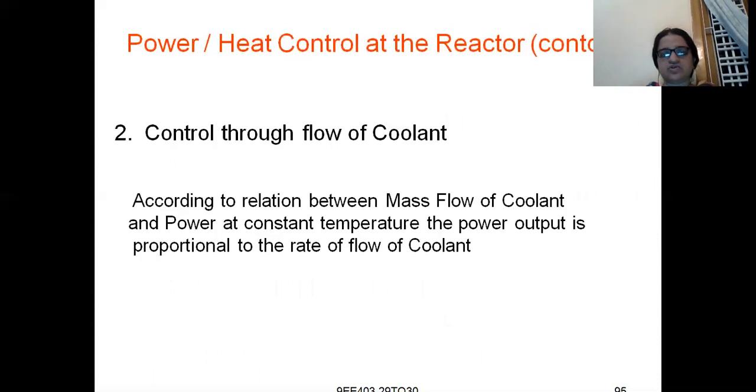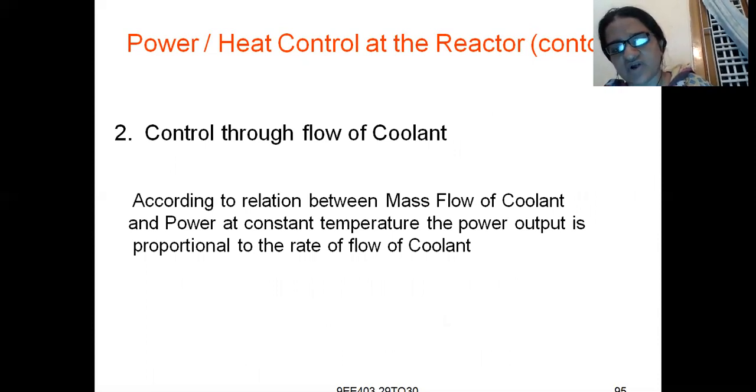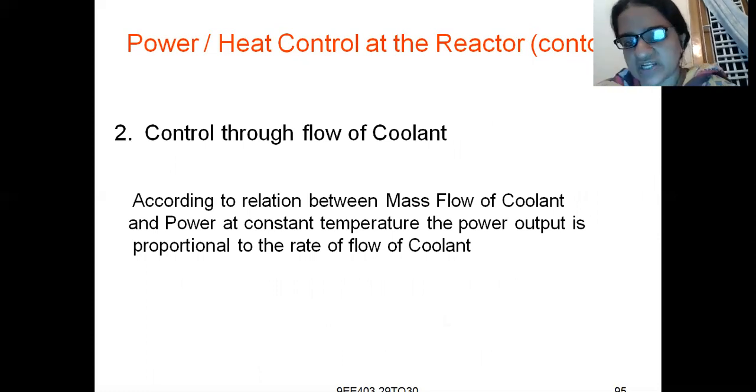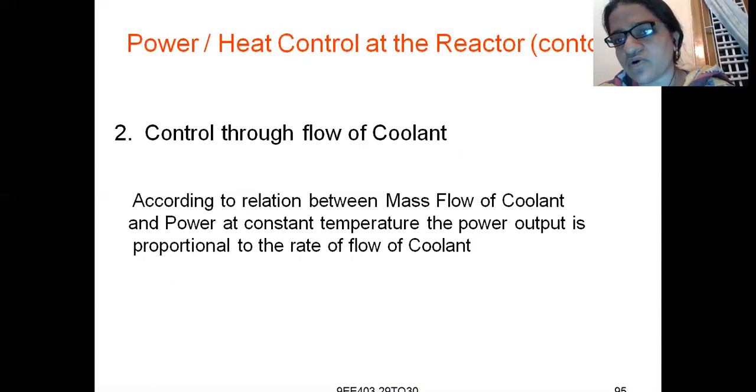Next is control through flow of coolant. How does the flow of coolant control our nuclear reaction? According to the relation between mass flow of coolant and power at constant temperature, the power output is proportional to the rate of flow of coolant.